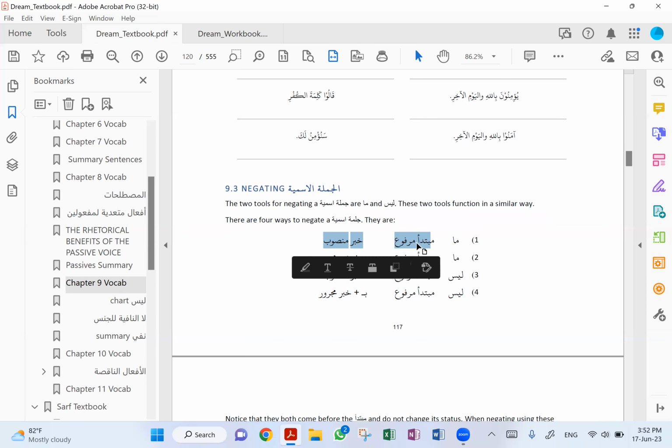You're going to have a mubtada that is in rafa status, and then you're going to have the khabar in nasab status. That clear? Because normally ma does not have any effect, unless it's ma shartiya or like ma that has some effect. But normally, ma does not have any effect.